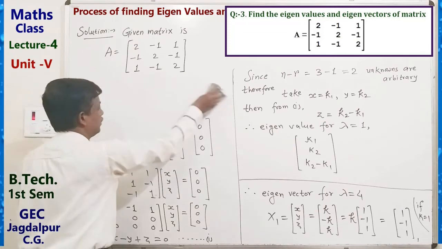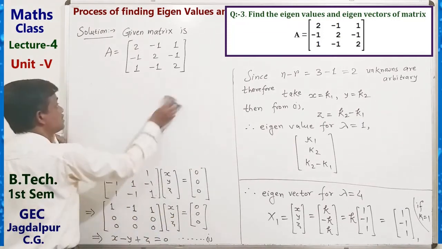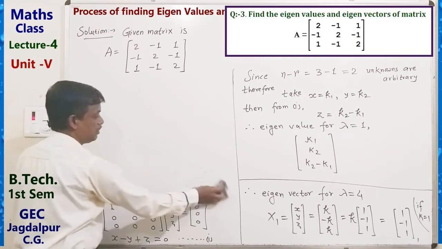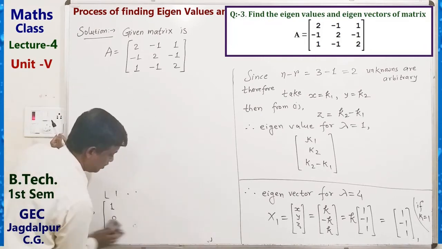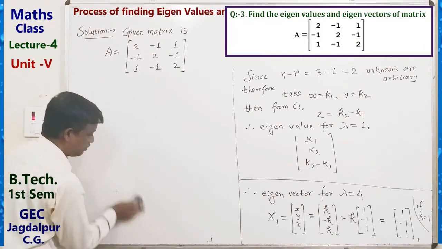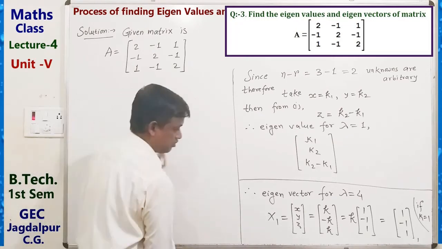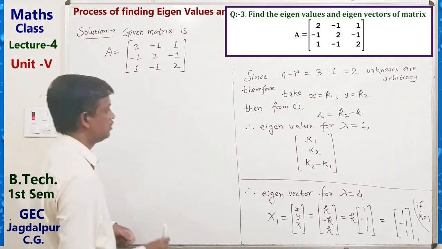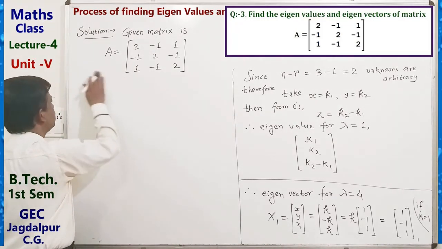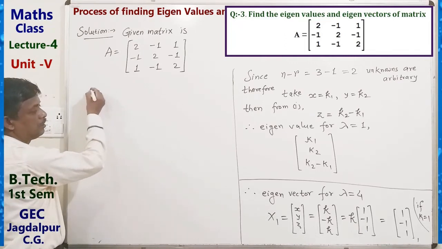Now, the given matrix is symmetric. So first of all, write one eigenvector by giving arbitrary values to the arbitrary constants ourselves.